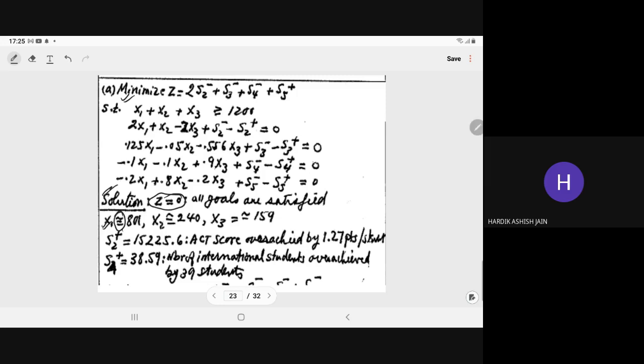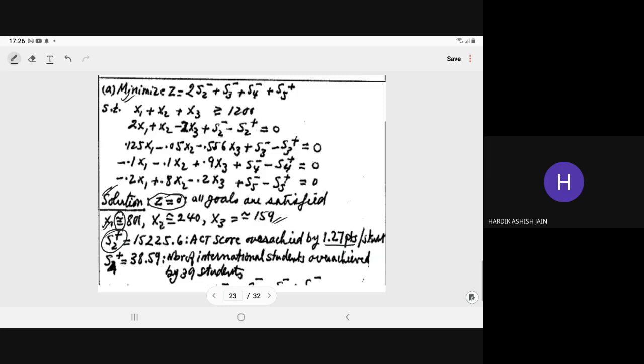And here S2 plus is 1.27, meaning the ACT score is overachieved by 1.27 points per student, and S4 plus is 38.59.